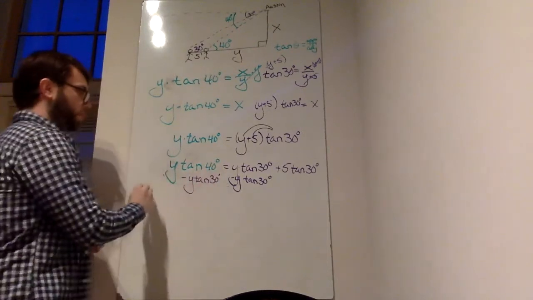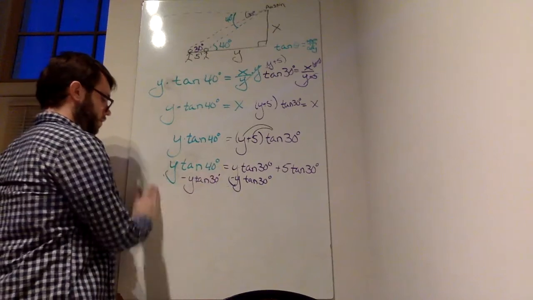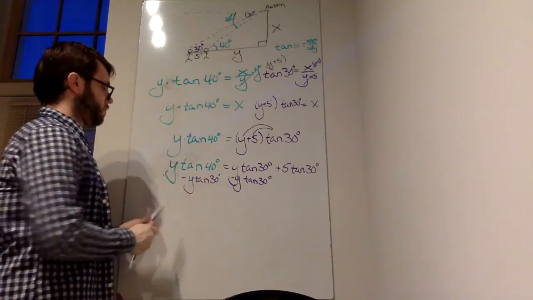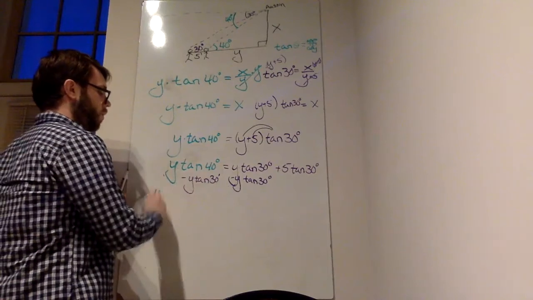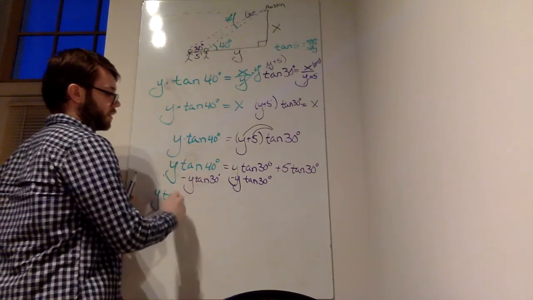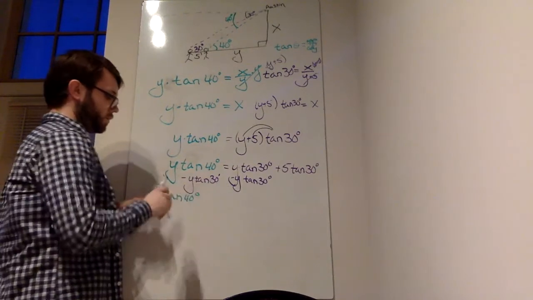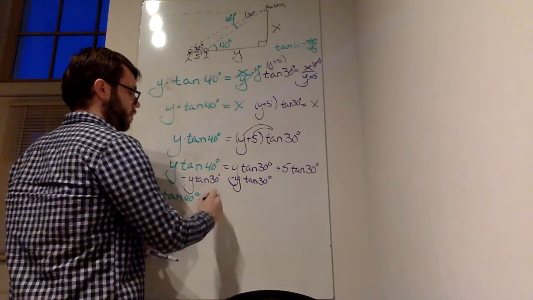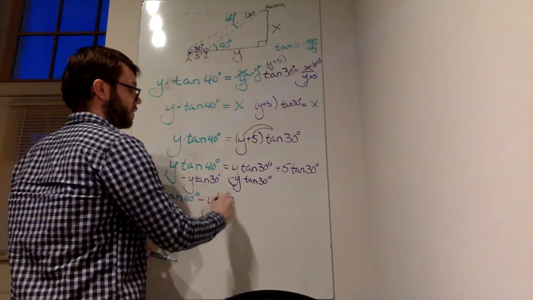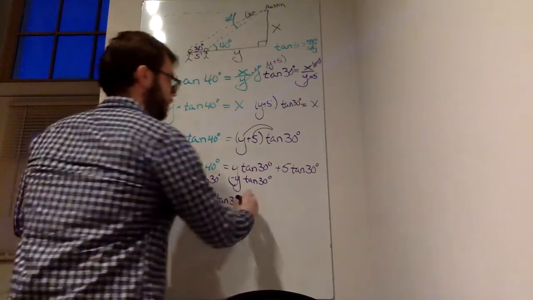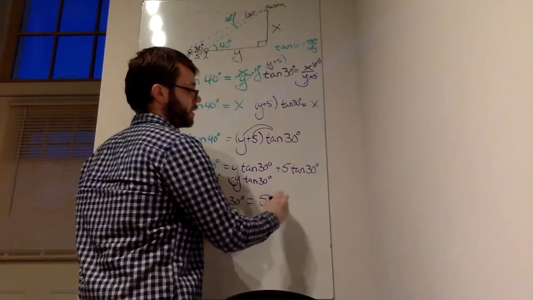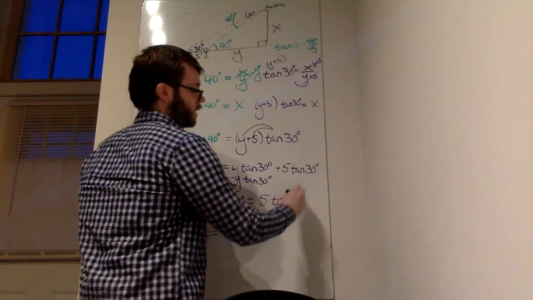And we end up with y times the tangent of 40 degrees minus y times the tangent of 30 degrees is equal to 5 times the tangent of 30 degrees.